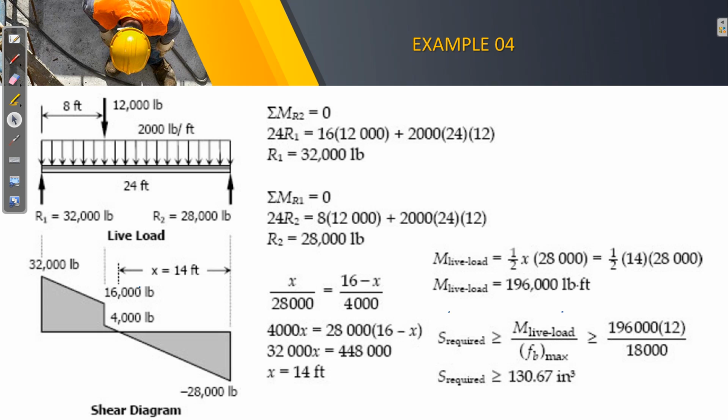You need to perform summation moments about R2 and summation moments about R1. So by doing that, we will have R1 32,000 and R2 is 20,000. So we can check that by adding both. So by adding both, we have 60,000 upwards.